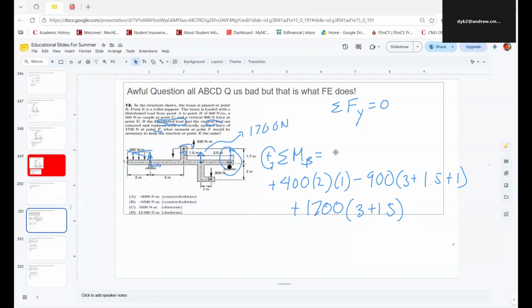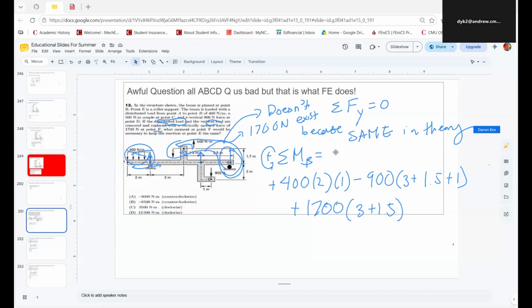Because they're unchanging. They're not the focus of our change, and we need to look at the things that are changing. The things that are changing, they said, was this portion and the 900. So in our analysis, this thing does not exist, because same in theory. In reality, with other material properties, it doesn't work like that.